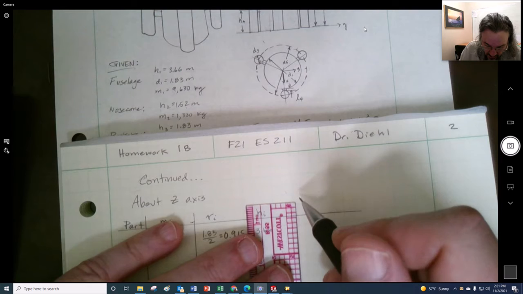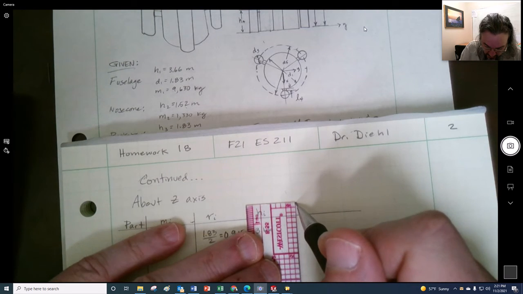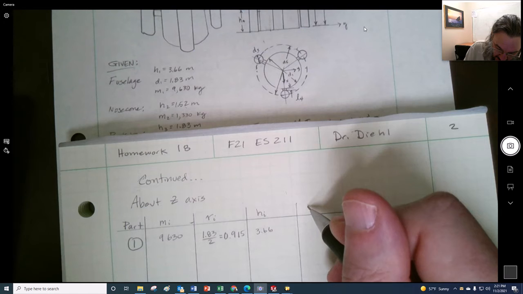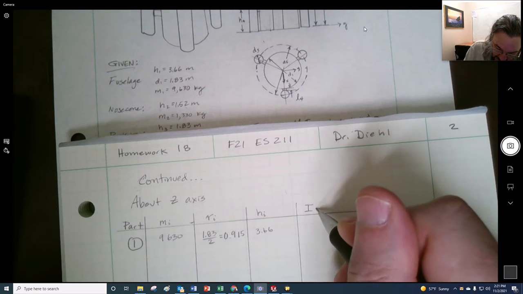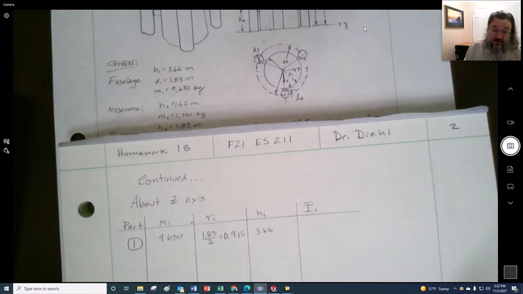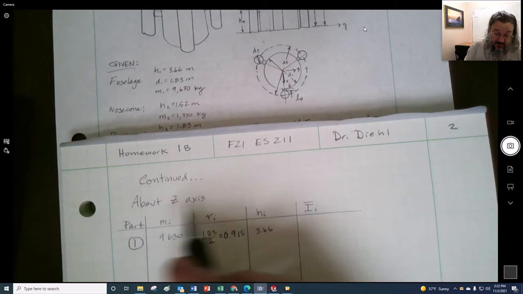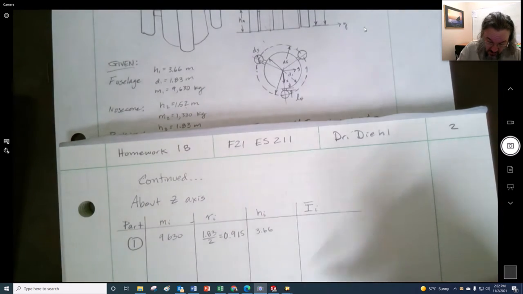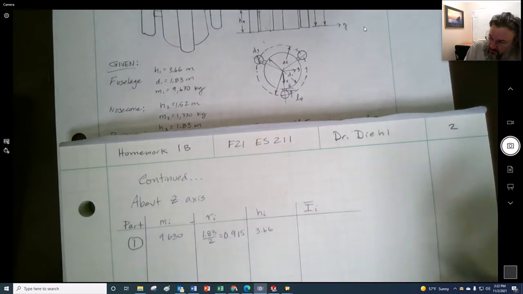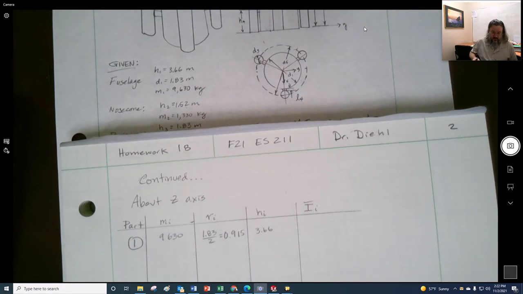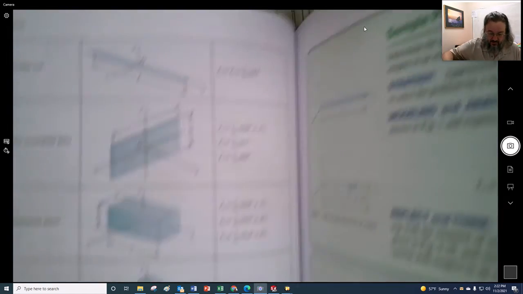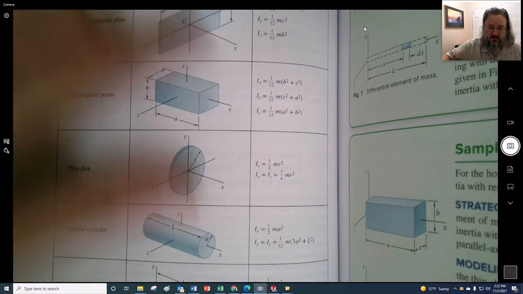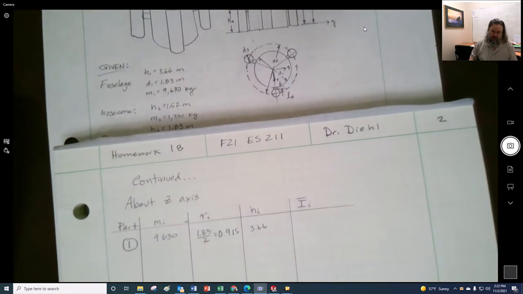right? And so now I'm going to have my individual I, right? That's going to be about the z-axis, and in this case, let's write that out. Okay, so down the center of the thing, we're going to have 1/2 m a squared, right?